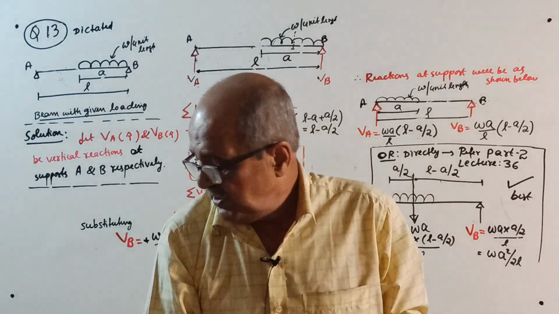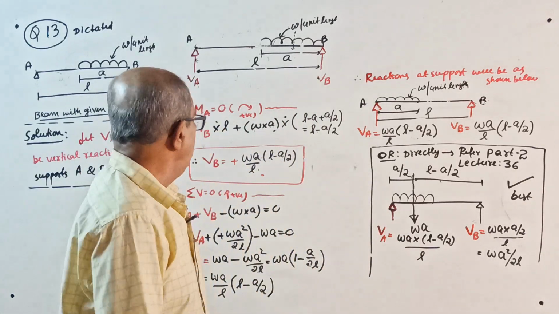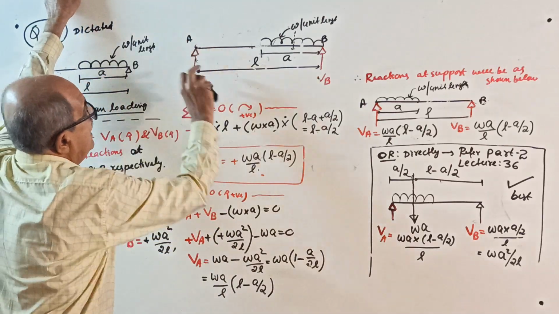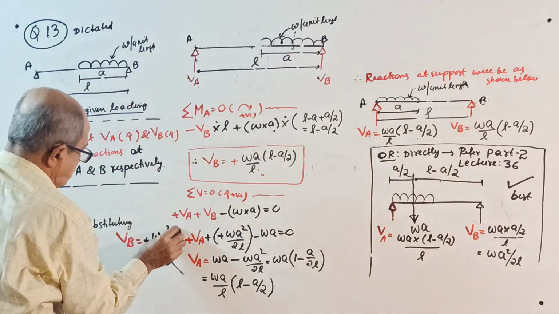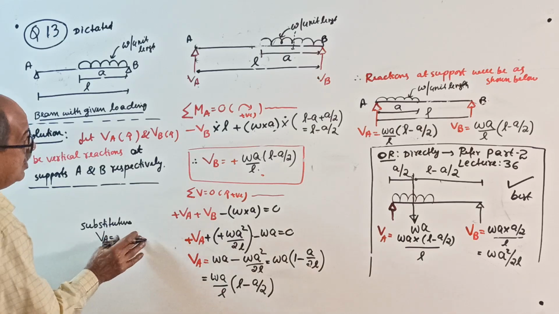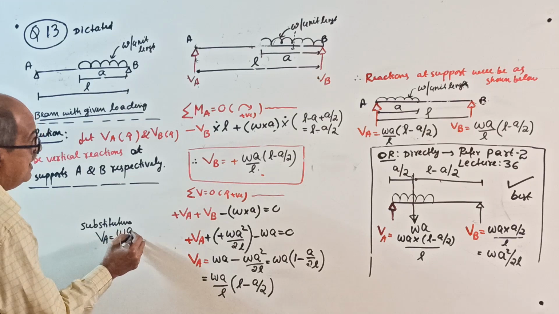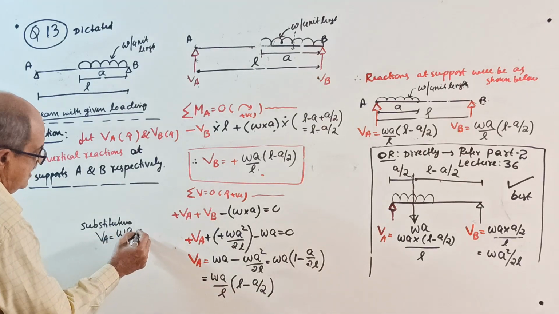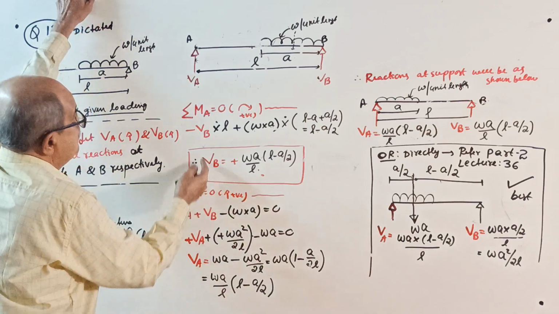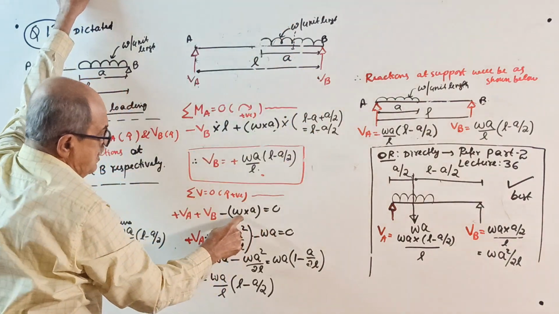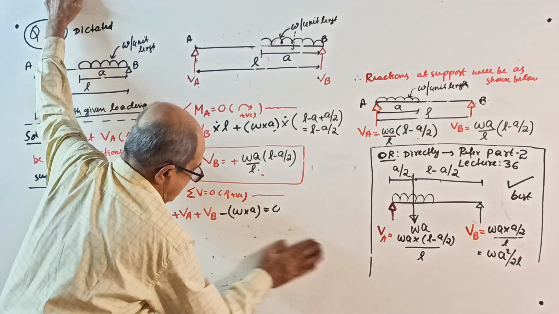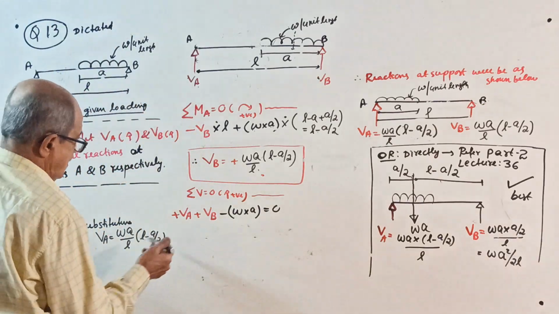Now be careful. Now we will require sigma V equals 0, upward positive. Plus VA plus VB minus W into A equal to 0.